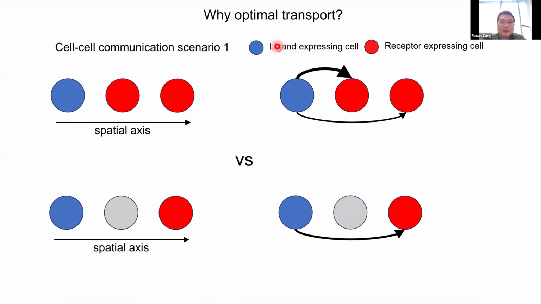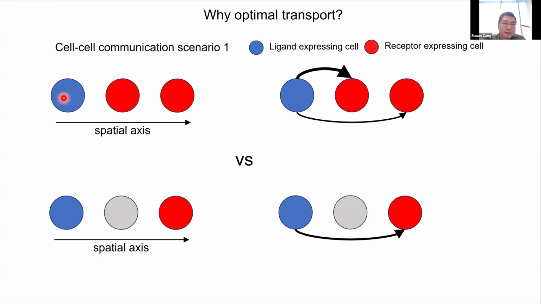And let's assume we only consider one pair of ligand receptor. The blue cells are the cells that only produce ligand, and the red cells are the cells that only produce the receptors. And we have gray cells that are this background cell with no ligand or receptor produced.